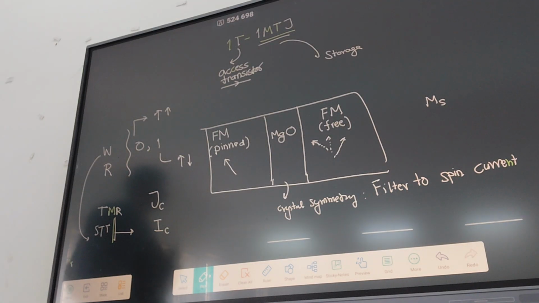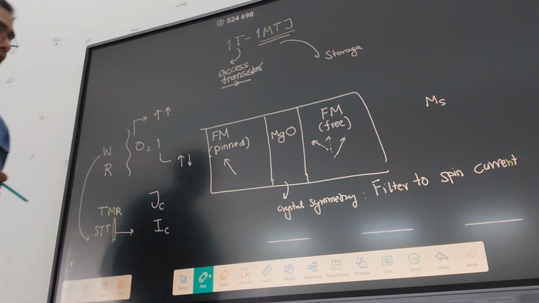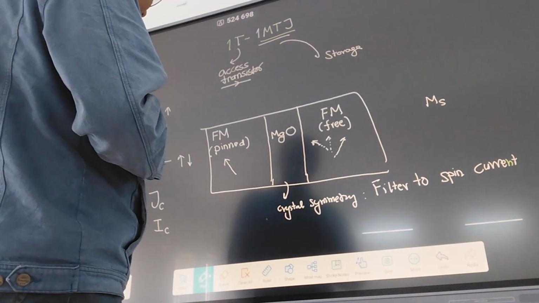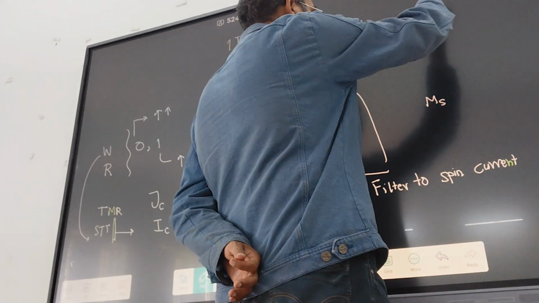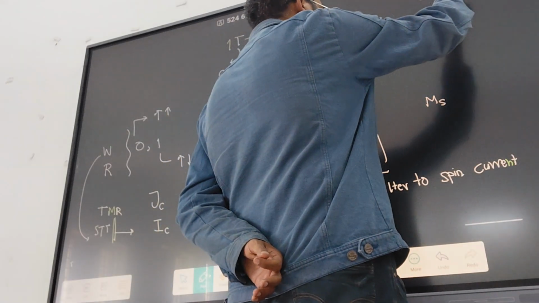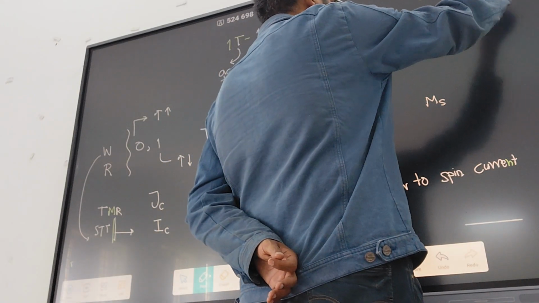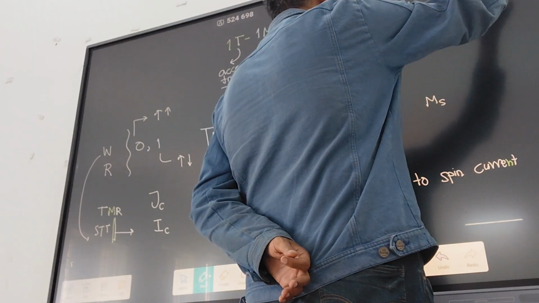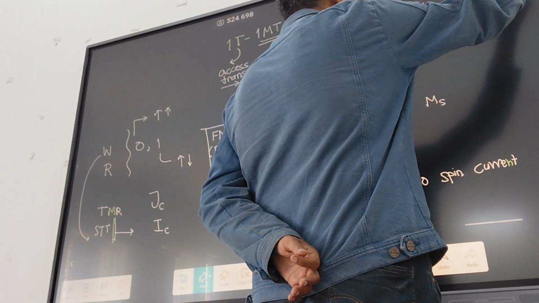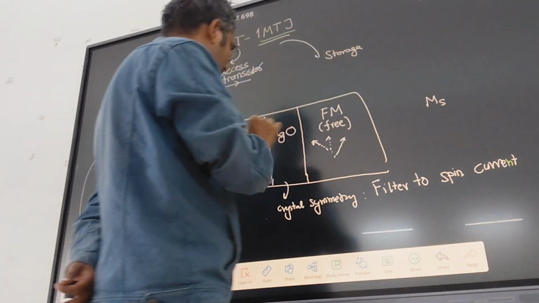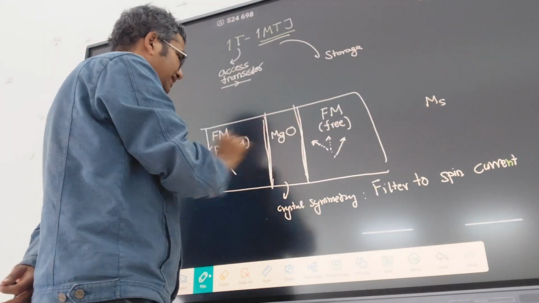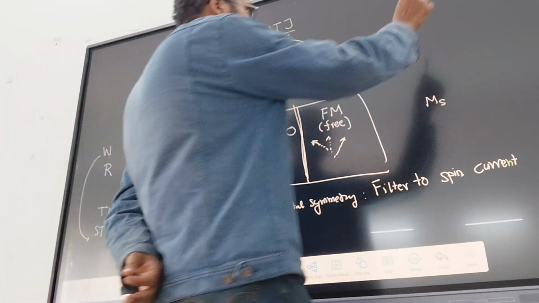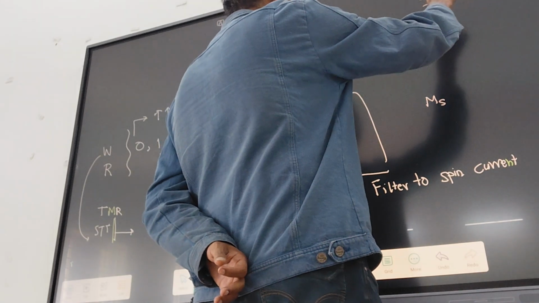We have to give a certain current. मान लो the dimension of the system is 80 nanometer, 80 nanometer into 80 nanometer. इसका एरिया है, cross-sectional एरिया. वहाँ से करंट जा रहा है. This cross-sectional एरिया.